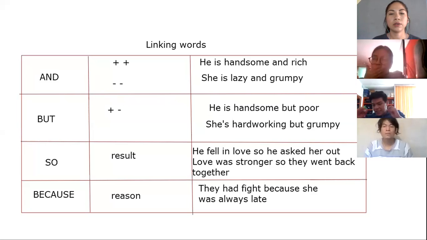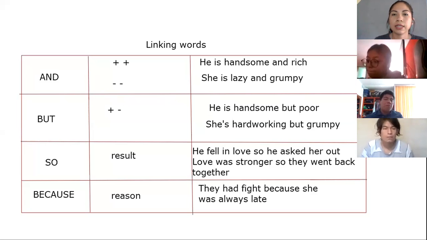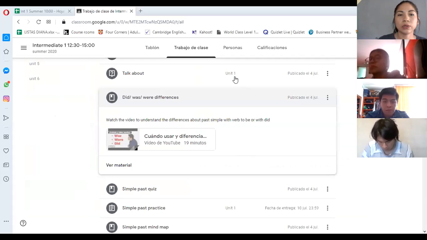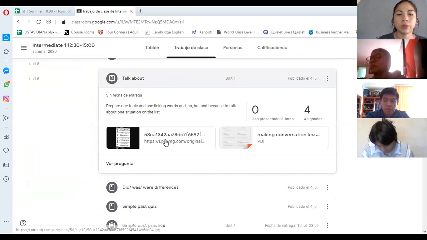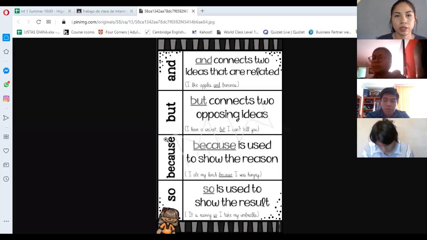Okay, so here in Google Classroom, if we go back to Google Classroom, that is the activity. We are going to tell a story in the past. You can talk about any topic you want from here. Talk about. Aquí tienen más información.